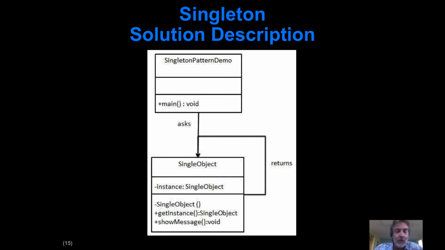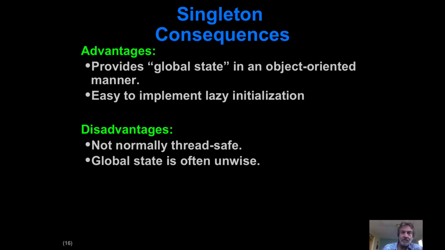So how do we do that? We create a class and we ensure that only a single instance of that class can exist. There's a variety of ways to do it with greater or lesser complexity, but that's the essential idea of a singleton: you have a class which will have exactly one and only one instance.